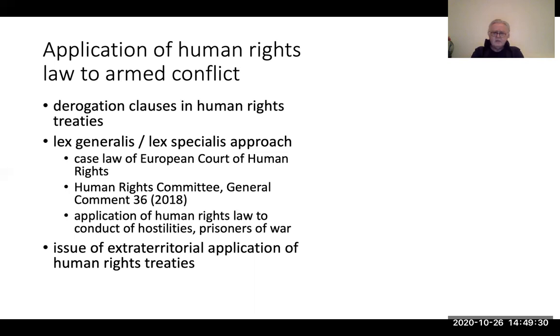We have recent examples also of the application of human rights law in armed conflict. In late September or October of this year, armed conflict broke out on the territory of Europe between Armenia and Azerbaijan, or rather the entity of Nagorno-Karabakh, which is inside Azerbaijan.